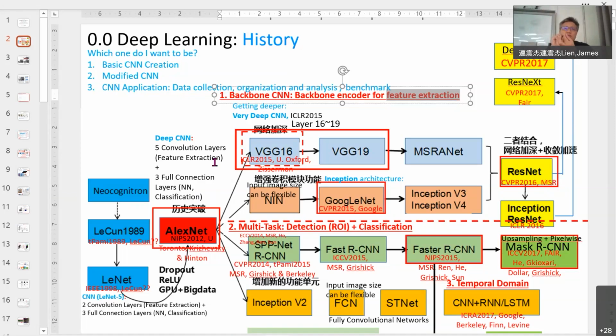For each pixel, you go across all training data, find the mean value and standard deviation, and do the normal distribution. So two types. Okay, so that's pre-processing.